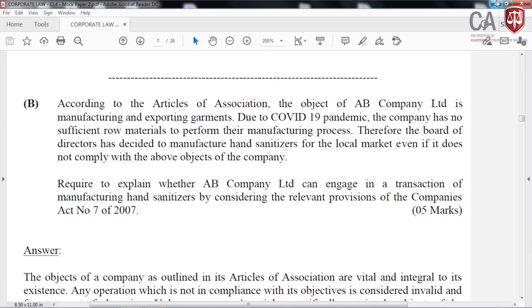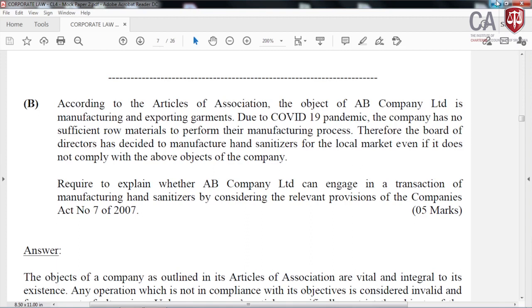Now, the question reads as: according to the Articles of Association, the object of AB Company Limited is manufacturing and exporting garments. Due to the COVID-19 pandemic, the company has no sufficient raw materials to perform their manufacturing process.